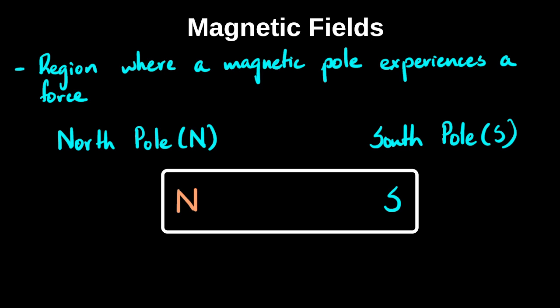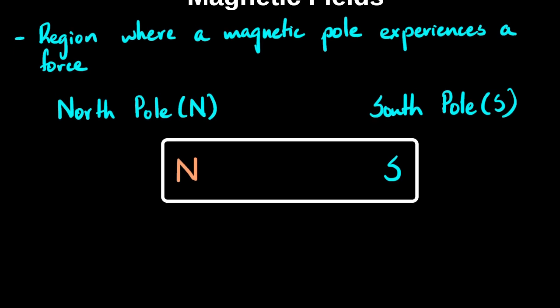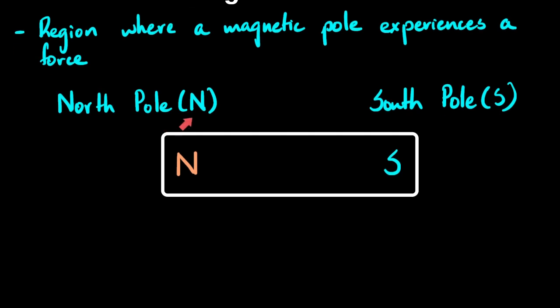So again, the idea why we have two different types of magnetic particles here, a north pole and a south pole, is because if you have ever played with magnets before, you'll know that magnets can attract or repel.